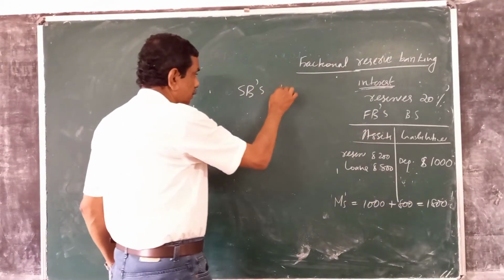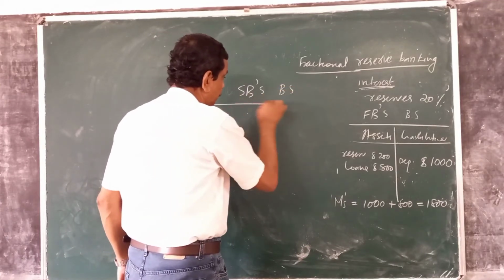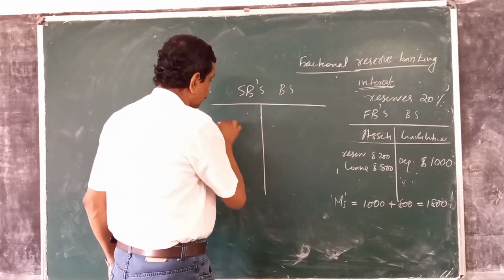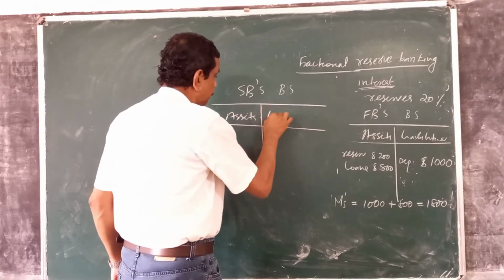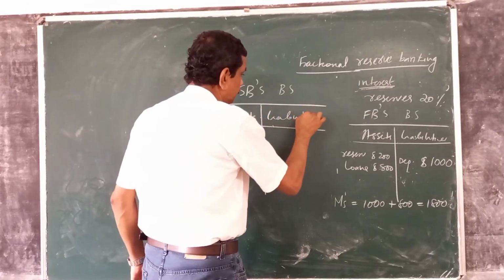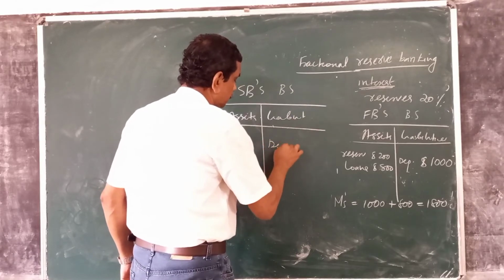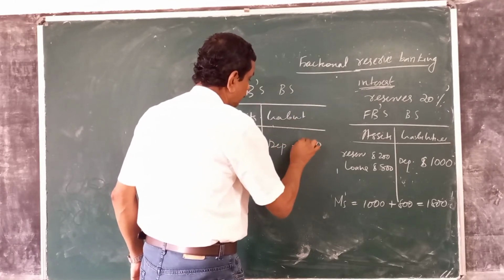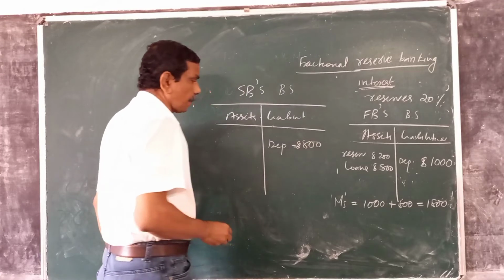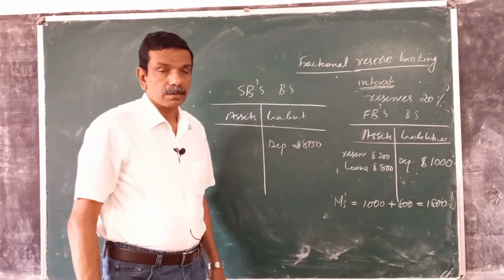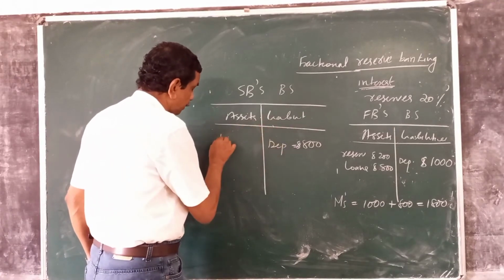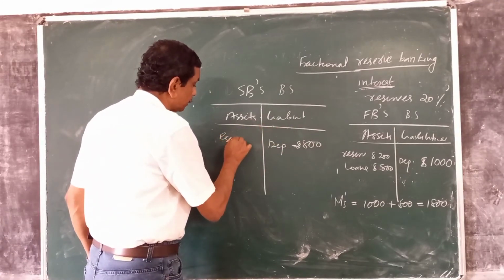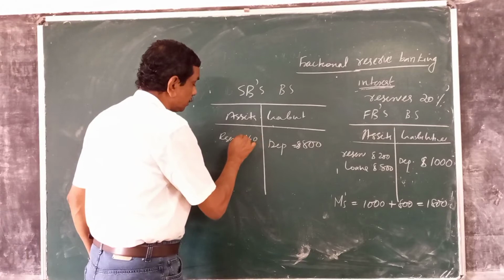Then second bank's balance sheet will be like this. Assets, liabilities. Liabilities is equal to deposits is equal to $800. Assets, 20% of 800 will be kept as reserves, that is $160.